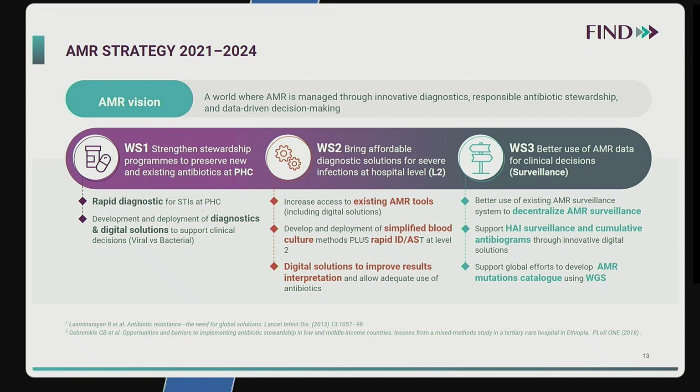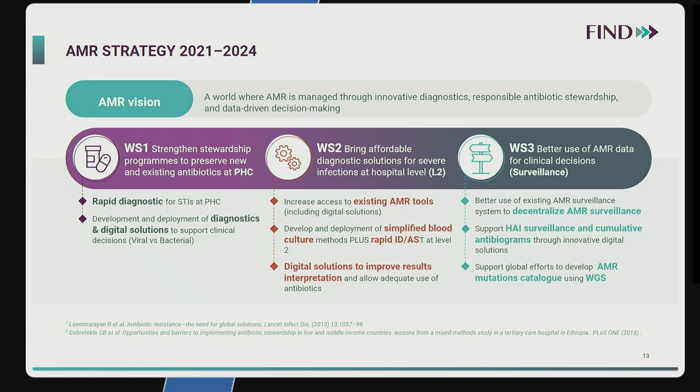So we are working on different digital solutions to make sure that this data is also used at national and regional level, in the form of dashboards that can be easily integrated into existing health systems available in the countries. We are also working on hospital-acquired infection surveillance and cumulative antibiograms through innovative digital solutions.